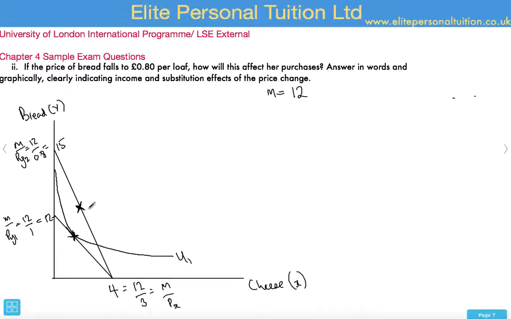You may be thinking, why did I choose this point and not somewhere here or here? Well, to be honest, because the question doesn't tell us anything about the size of the income and substitution effects, or whether this is a normal or inferior good, it doesn't actually matter where we put the point on our budget constraint. So we had free choice, we could put it anywhere. So I've just chosen to put it here.